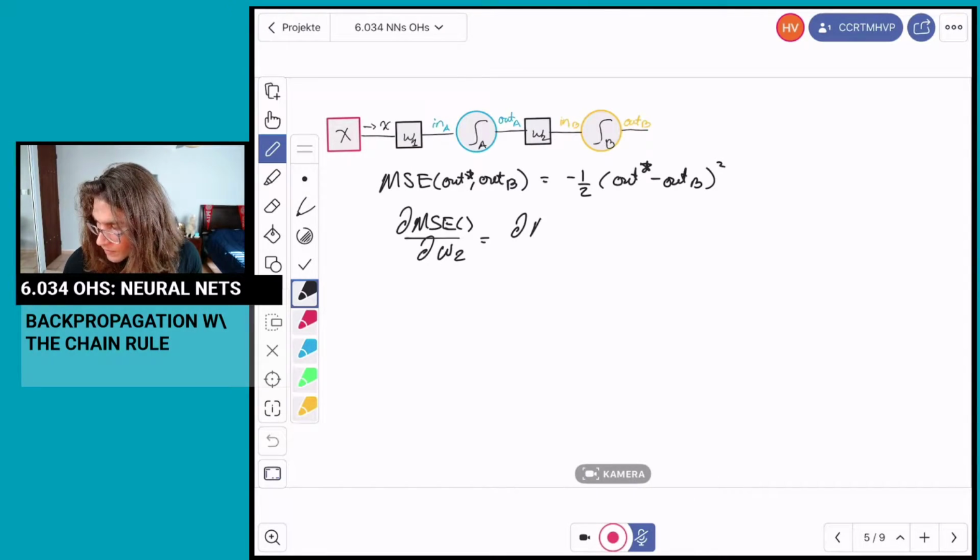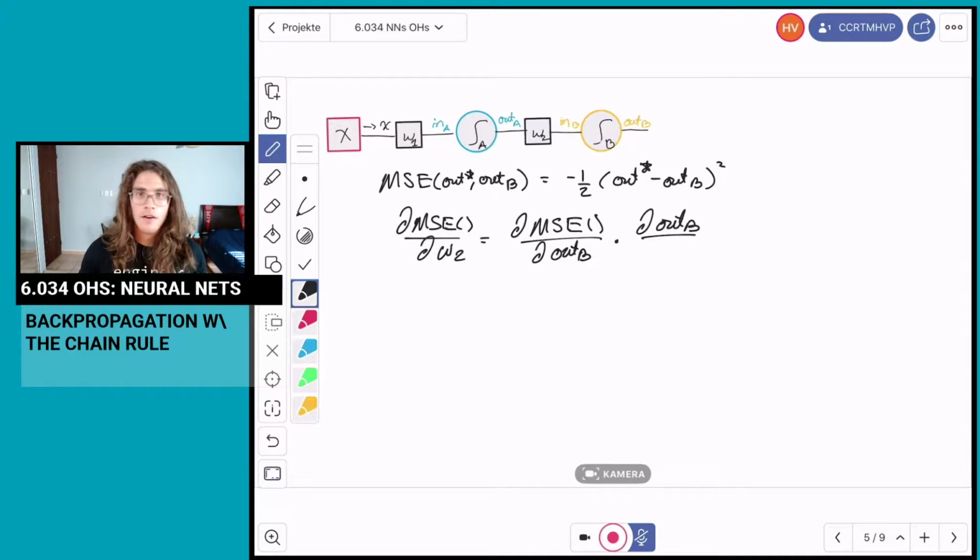Using the chain rule, I know this is equal to the derivative of the mean squared error with respect to the output of the network. Then I can multiply this by the partial derivative of the output of the network, or the output of node B, with respect to the input to node B. So this is going to observe more or less the rate of change in the node between the input to the node and the output of the node.